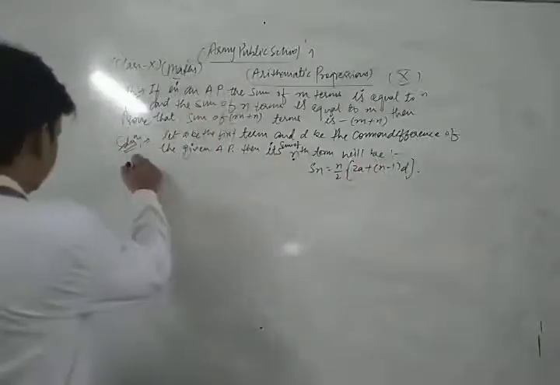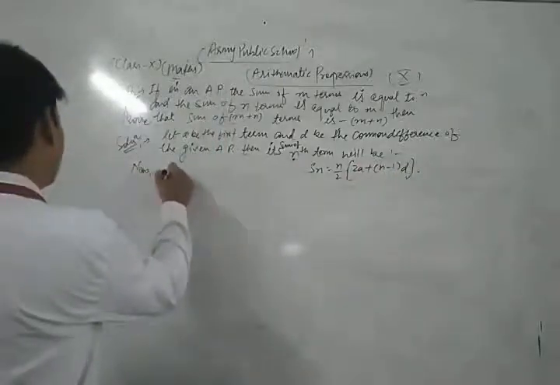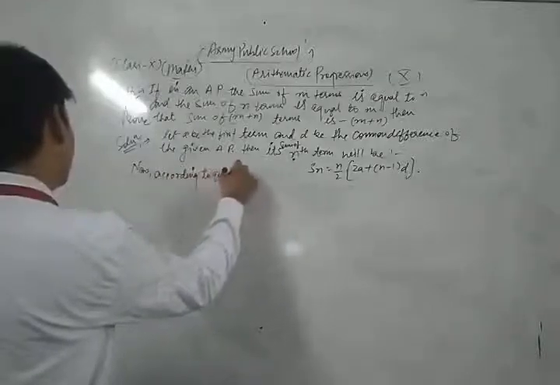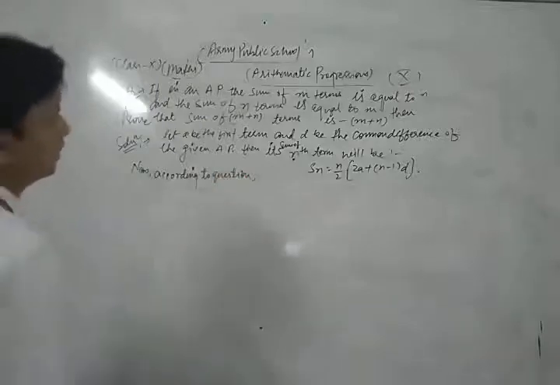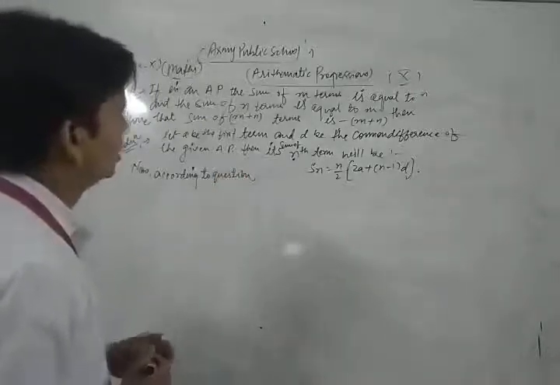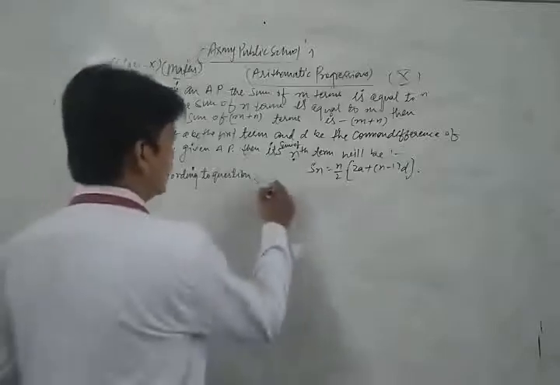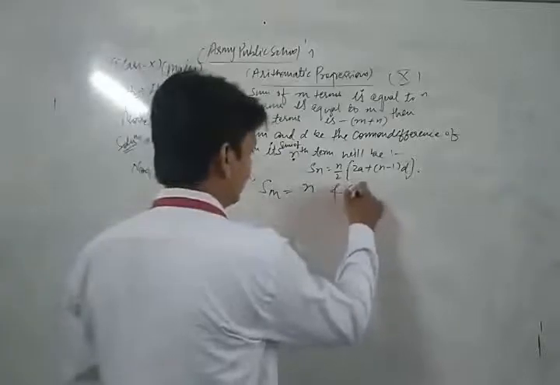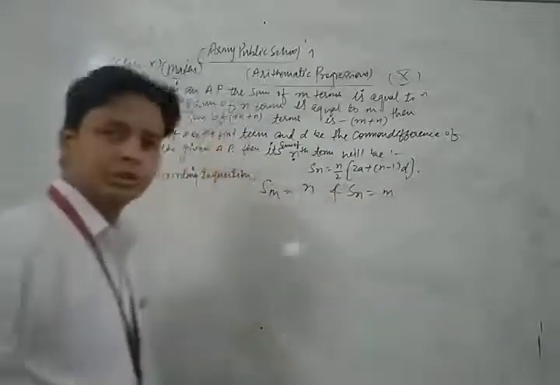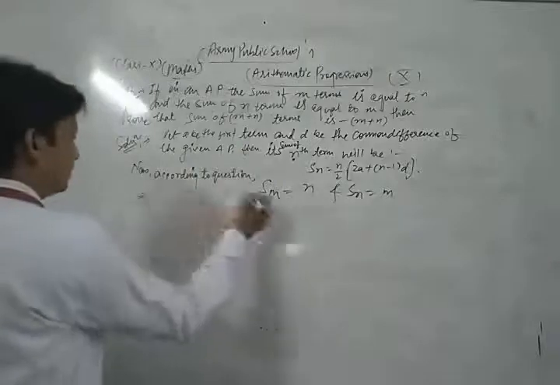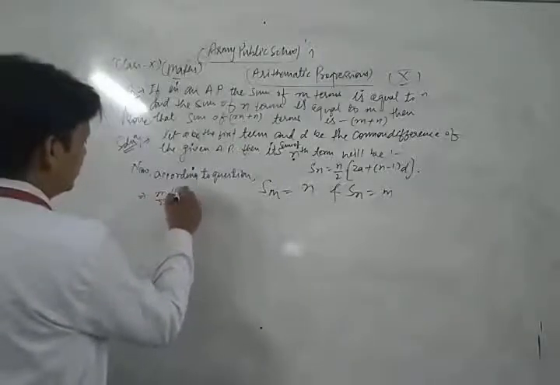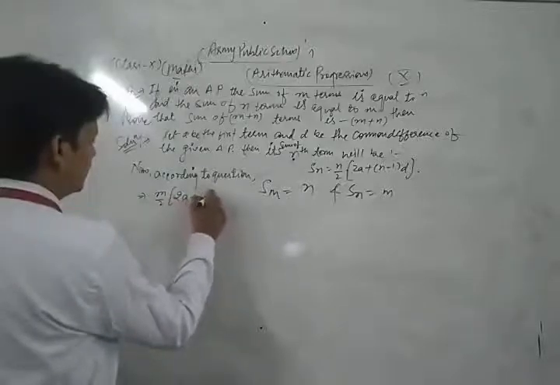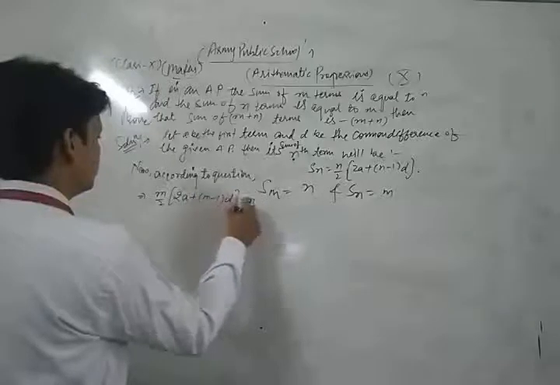Now according to the question, the sum of m terms is equal to n, as well as the sum of n terms is equal to m. So we get two equations. The sum of m terms is m by 2 into bracket 2a plus m minus 1 into d, equal to n.